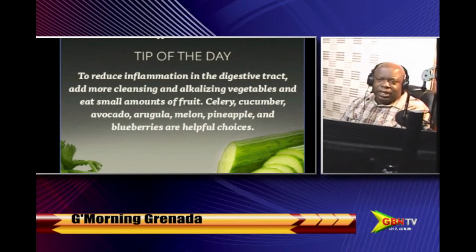health tip for the day as you go through your Tuesday. Let's look at what's happening on the COVID front in Grenada. We continue to monitor the action and the latest COVID dashboard. It shows that we have three new cases, giving us a total of 57 active cases.